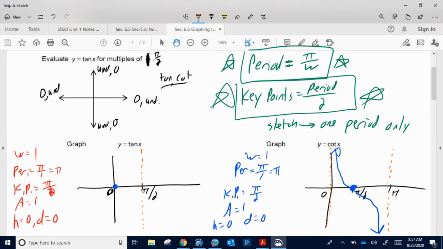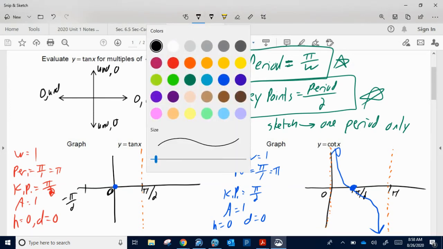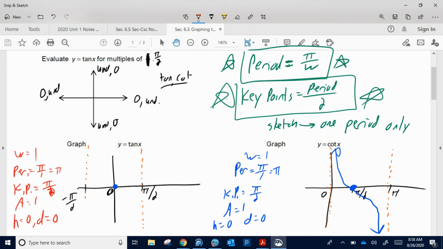So instead of moving forward, I'm going to go backwards on this. So again, here's 0. If I go backwards, we're going to be undefined. And if I do move backwards, that's a negative value. So it's going to be a negative pi over 2. That is your second asymptote.